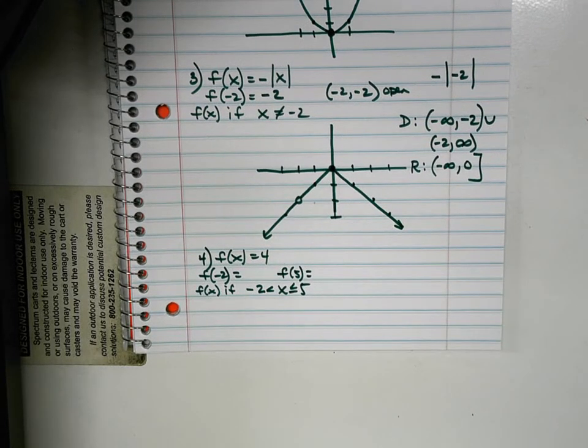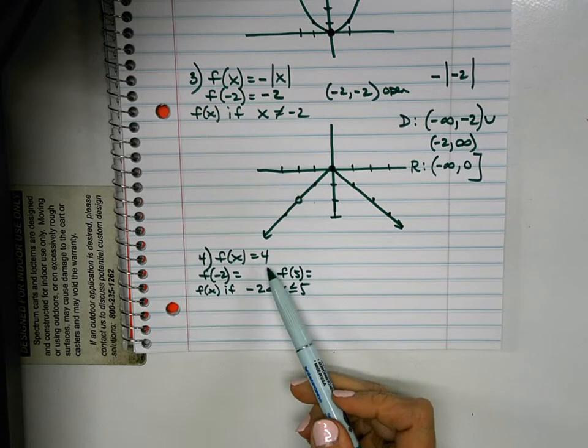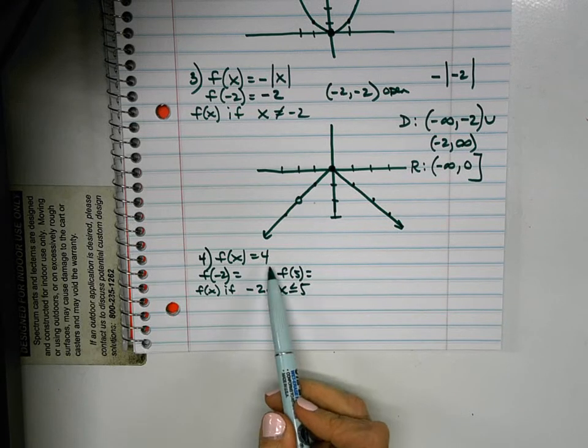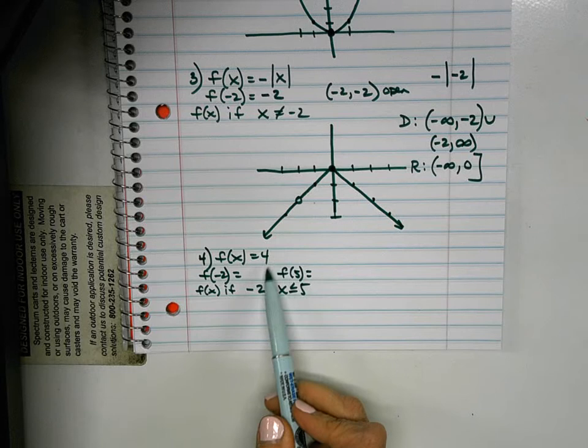Okay, trying to figure out what this would look like. Okay, so this looks a little bit tricky because we don't have an x here. And this f of -2 says go to the f function, and wherever there's an x, plug in -2. If there's nothing to plug it into, what do you think f of -2 is?